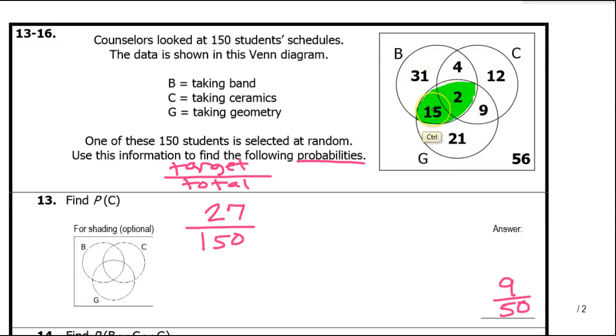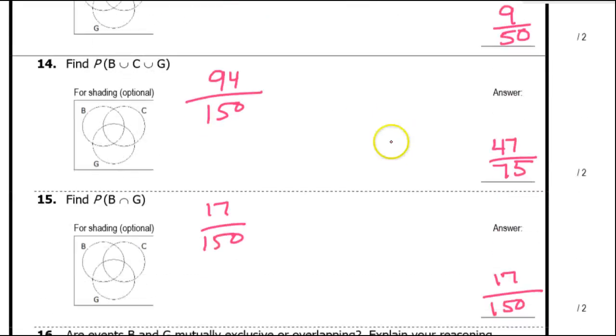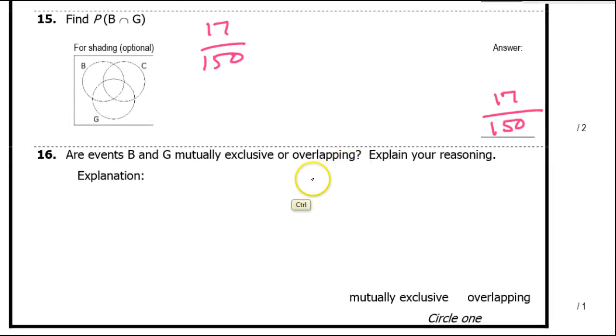There are the 15 and the 2 that represent students who are both taking band and geometry at the same time. So conceptually, it is possible for a student to take band and geometry at the same time. So these are overlapping.